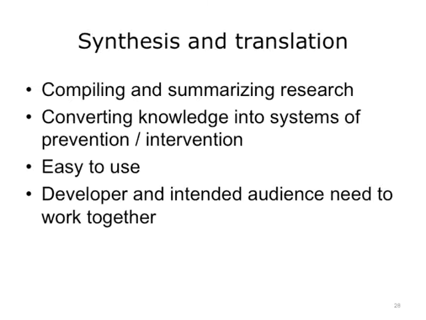Synthesis of this information is the process of compiling and summarizing innovation through a number of methods. Translation is the process of converting knowledge from science, specifically health research results, into a tool that is easy to use. When discussing innovation, we need to ensure that the developers of these systems of health prevention work together with its intended audience or target population.